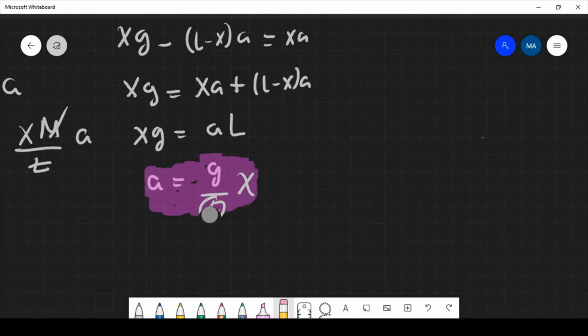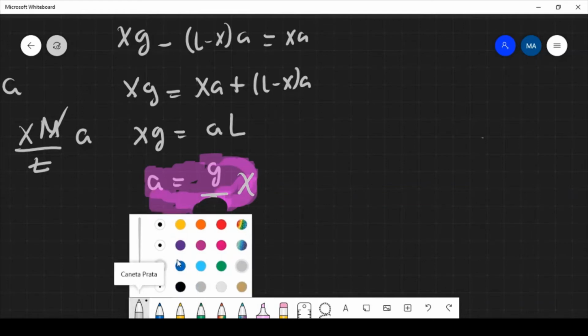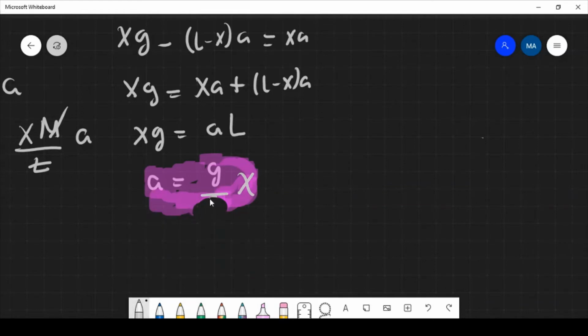So how can you use this? What formula do you use when you don't have time? The famous one, right? The v final squared equals the v initial squared plus or minus, depending on the acceleration, the acceleration times the variation of the space.